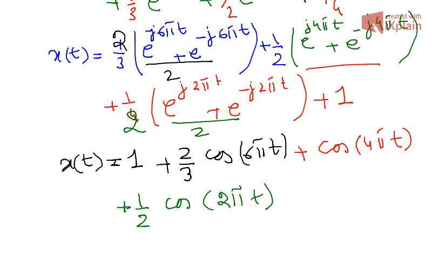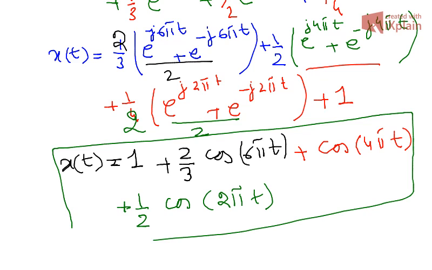Now observe this x of t. Your x of t is actually the summation of 4 signals. One is a constant, the second one is a cosine wave with a certain frequency, and another one and another one. So 3 sinusoids and a constant. It's actually an addition of these 4 signals.